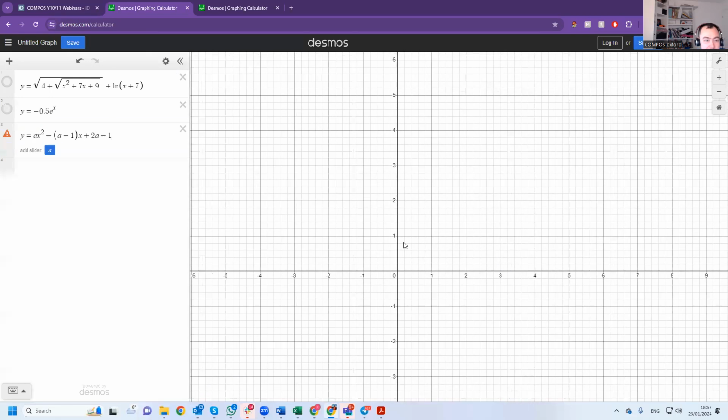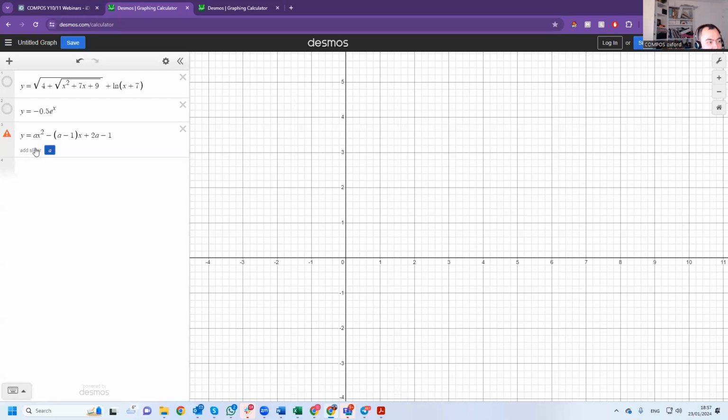It doesn't show anything, but it does show add slider. It allows you to add the slider.